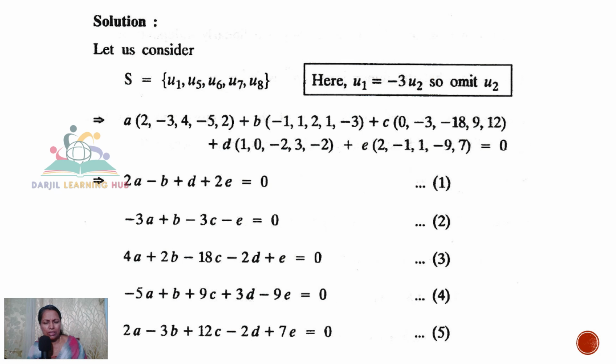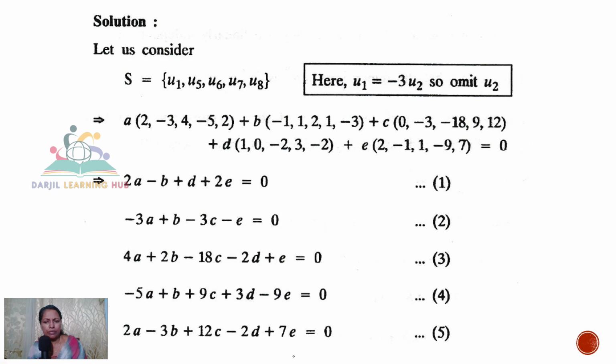With the linear combination we get A times the first vector, B times the second vector, C times the third vector, D times the fourth vector, E times the fifth vector. Explicitly multiply each vector with A, B, C, D, E. Remove the brackets and collect the coefficients of A, B, C, D, E. You will find these 5 equations.